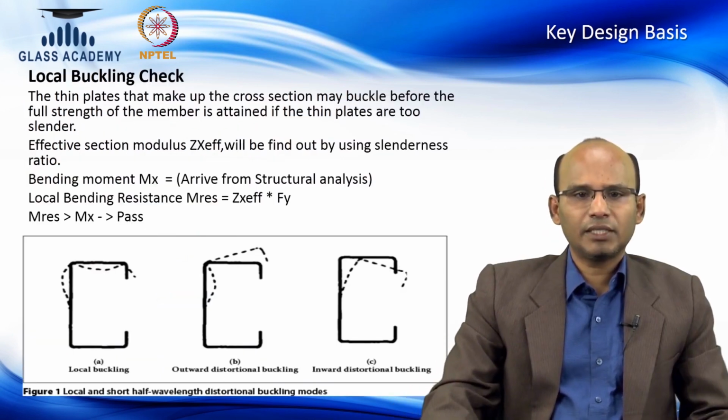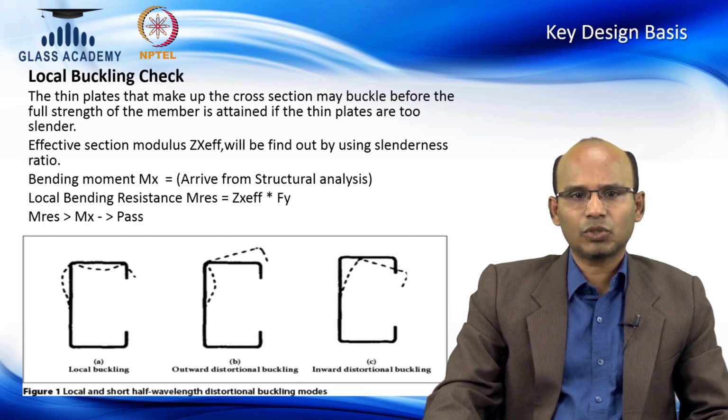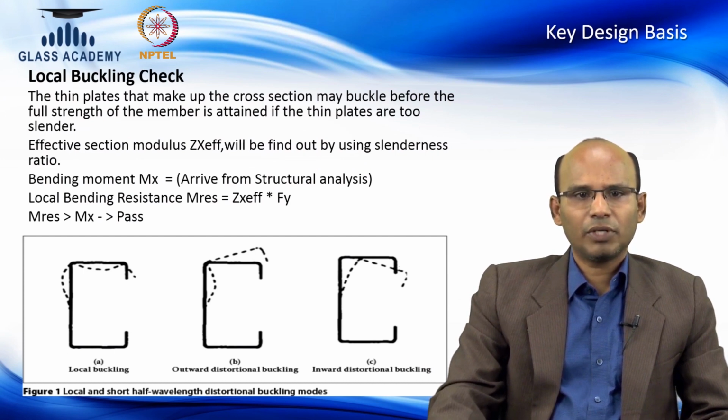The local buckling check is critical in glazing systems. The elements most commonly used are extrusions or aluminum framings. They have thin wall thicknesses like 1 mm, 0.8 mm or 1.5 mm. In these cases, this buckling check is critical, because it is quite common to use slender elements on facade systems.